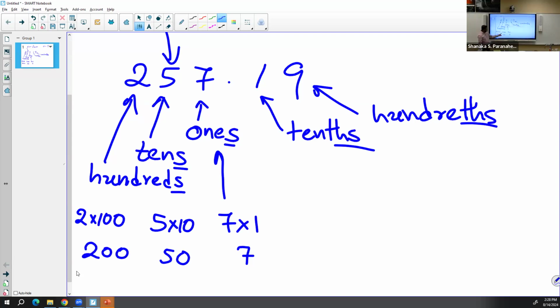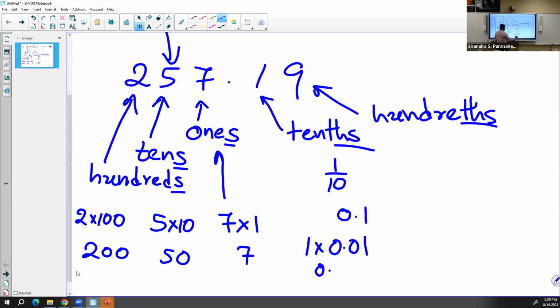Okay, so you can see these are multiples of tens. So 1, 10, 100. For this side, it's going to divide by 10. The first decimal digit is the tenths place, and tenths means 1 over 10. 1 divided by 10 is 0.1. So this 1 is multiplied by 0.1.